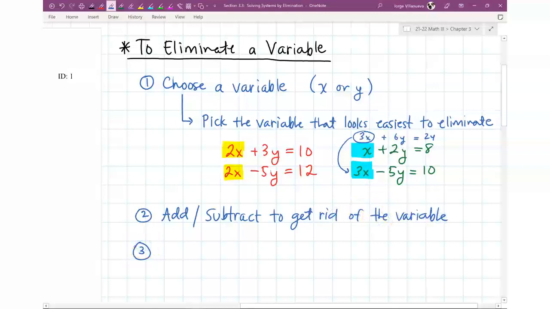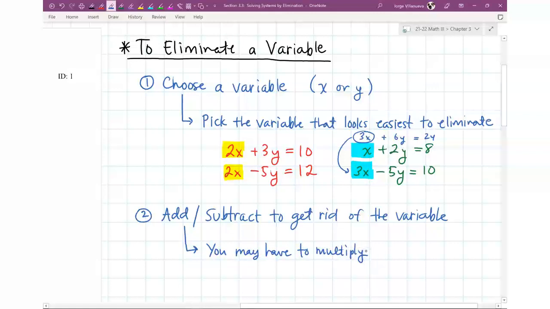Okay, so you're going to add or subtract to get rid of the variable, whichever one you chose. In some cases, you may have to multiply.